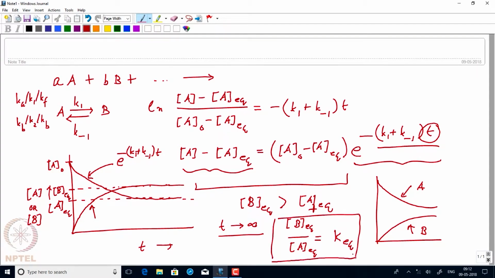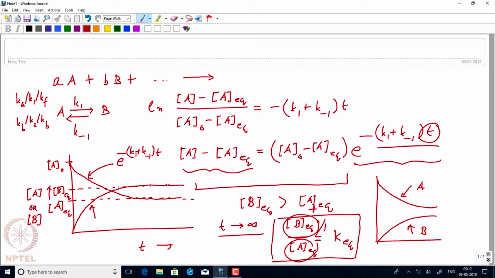Now we have to be very careful when we say thermodynamic equilibrium constant, because strictly by definition, whenever you write a thermodynamic equilibrium constant, it is unitless. So all these B's and A's, we have to assume, are divided by the unit concentration. Like if I express B in moles per liter, I have to divide by 1 mole per liter, or the standard concentration unit, so that the K equilibrium becomes unitless.